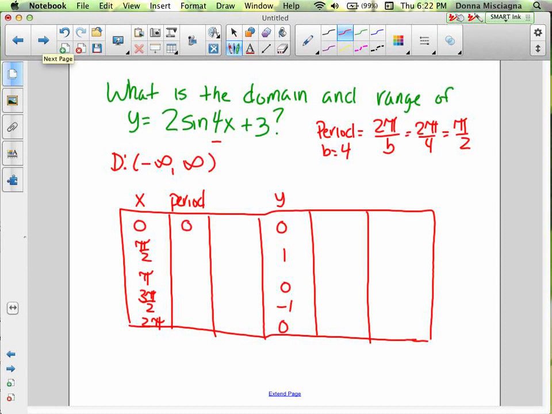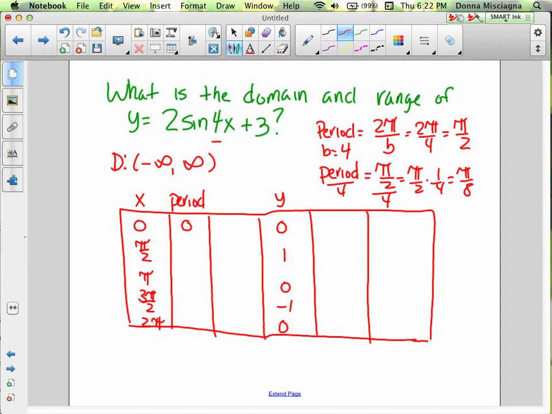To find our new values, we start at 0. We take the period and divide by 4. So that would be pi halves divided by 4. Dividing by a fraction is the same as multiplying by the reciprocal, so this would be pi eighths.